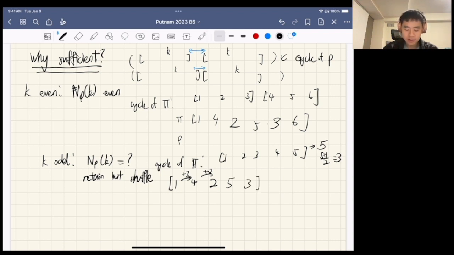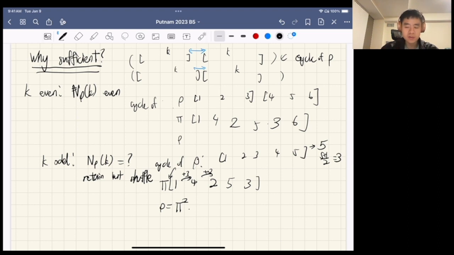So this is rho, and this is pi, so that you get rho equals pi squared.